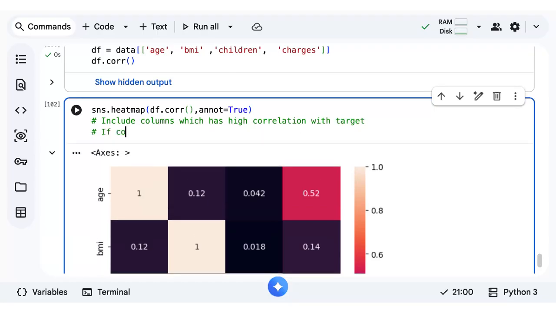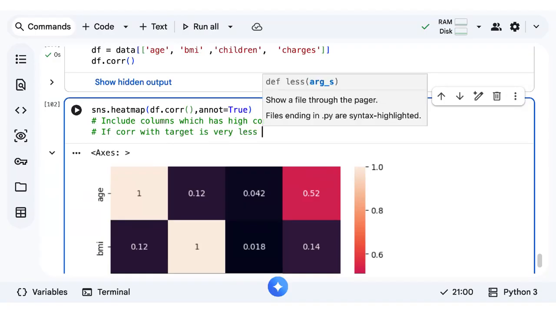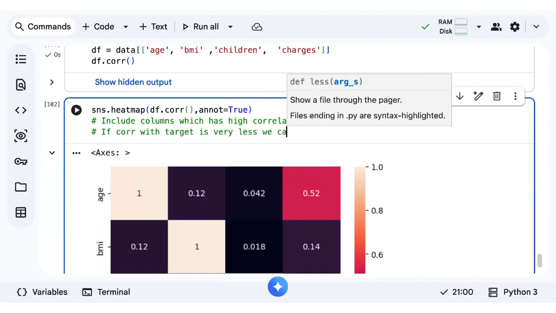If correlation with the target is very less, near to zero, we can drop them.